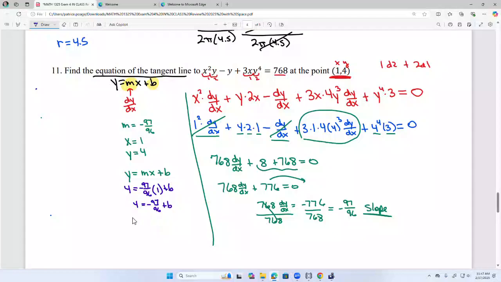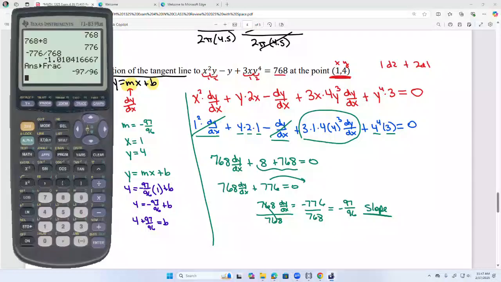I'm going to add 97 over 96 to the other side. So typing that in, I'm going to have 4 plus 97 divided by 96, and then math frac, and I get 481 over 96 is my b value.